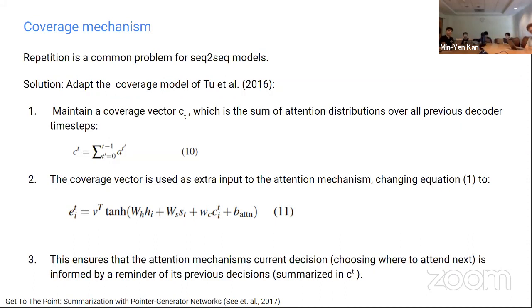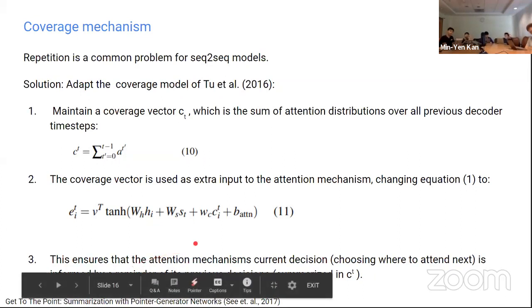The main idea is in 3 steps. You first maintain a coverage vector, ct, which is the sum of attention distributions over all previous decoder time steps, so you are compressing all previous distributions into one vector. Then at each time step, the coverage vector is used as an input to the attention mechanism.